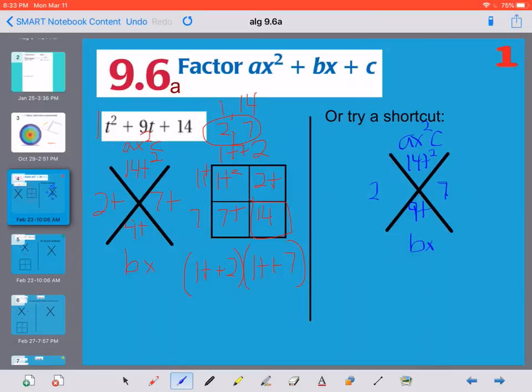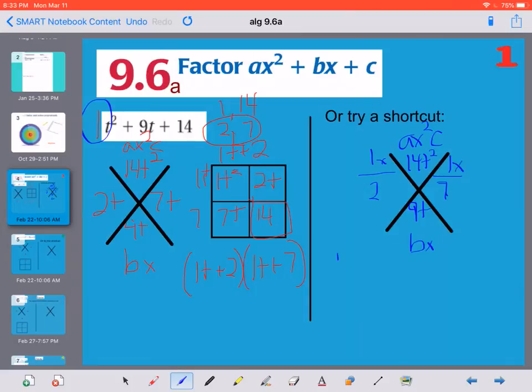Now what I'm going to do is I'm going to make these into a fraction. Now the number that I'm going to put on the top of my fraction is our a, our coefficient. So I'm going to put 1 on top of each of those. Now what we can do is we're going to take this 1, put an x there, 1, and put an x there.